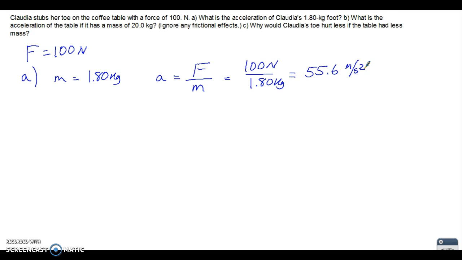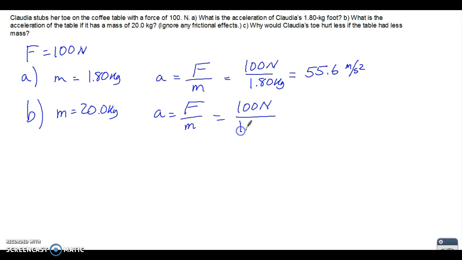If we want to find the acceleration of the table, where mass is 20 kilograms, still 3 sig figs, then a is equal to F over M, which is 100 newtons of force divided by 20 kilograms, and that gives us 5. With 3 sig figs, that is 5.00 meters per second squared.